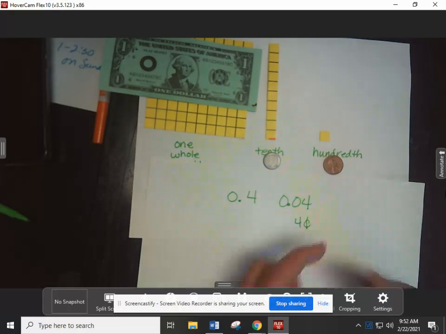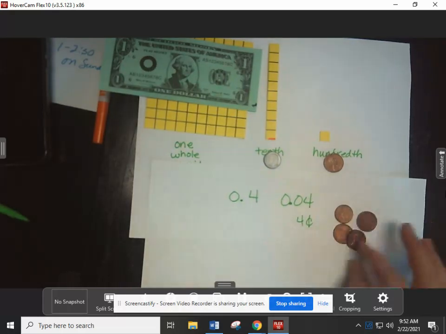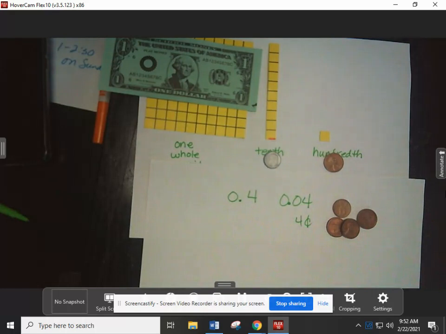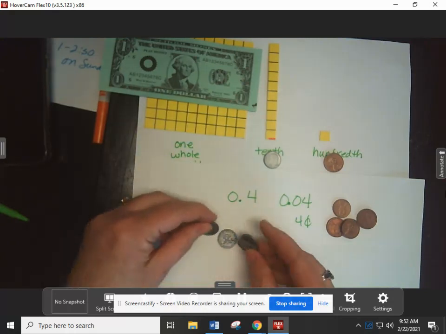Okay, so this one is 4 cents, right? Luke, what are you telling me? Why would it be 40 cents? If we're still talking about money, it could be like a fourth of a dollar.